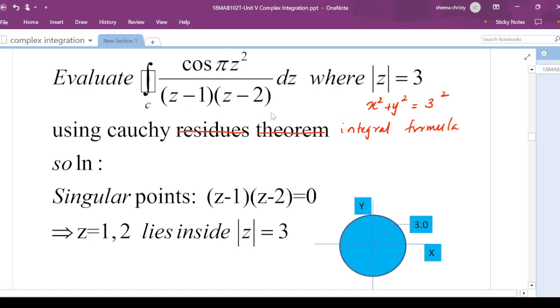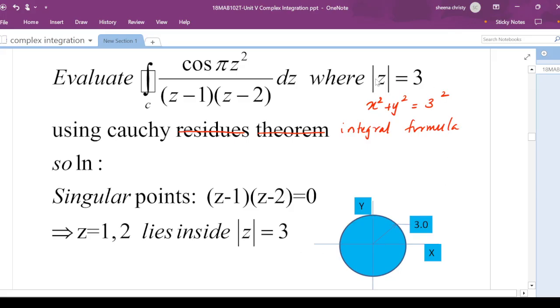The same problem you can solve with the help of Cauchy's residue theorem. You will get the same answer, but the methodology is different. So first step, you have to get the singular points. For getting the singular points, you have to equate the denominator of the function to 0. That gives you z equal to 1 and z equal to 2.